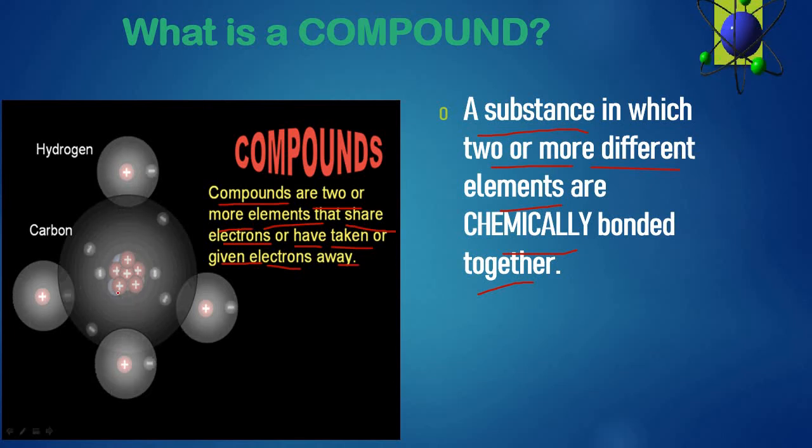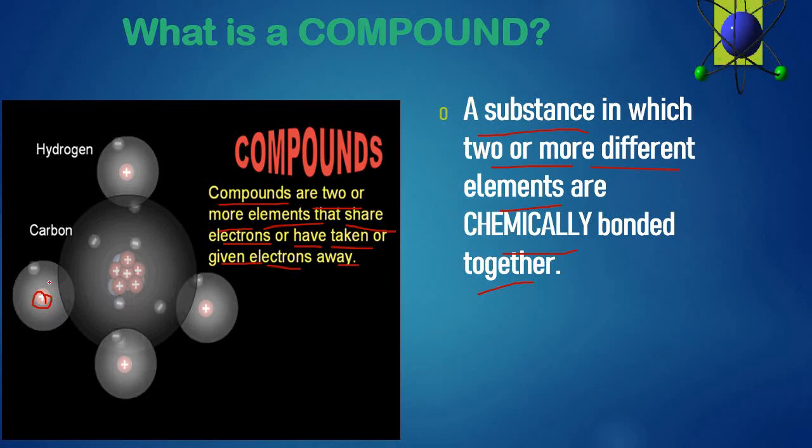This is an example of a compound, the methane molecule. In the methane molecule there is 1 carbon and 4 hydrogen atoms. Hydrogen has only 1 proton and 1 electron surrounding the nucleus.